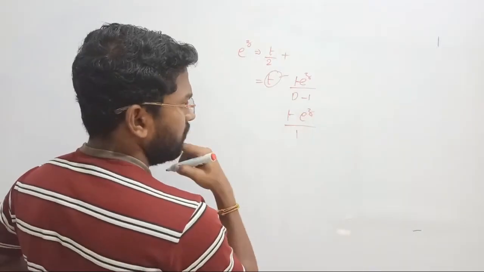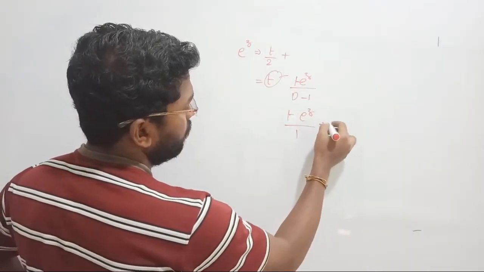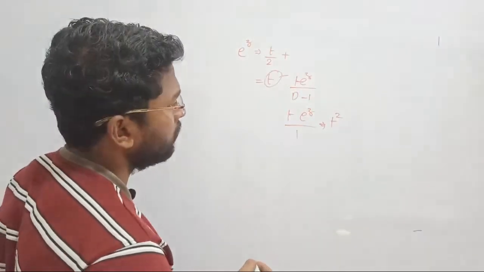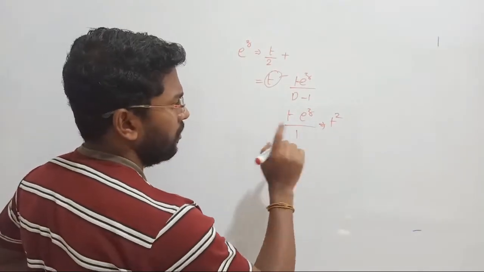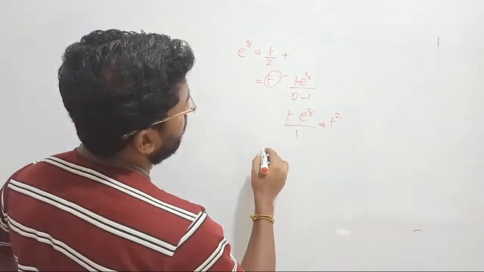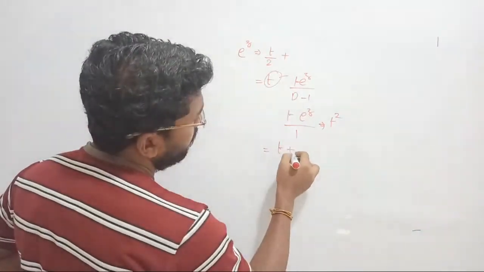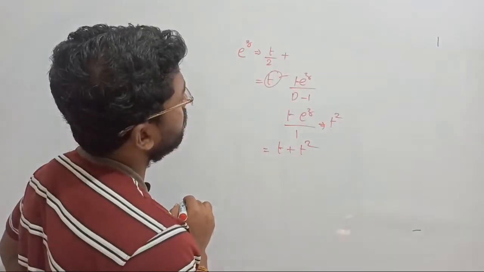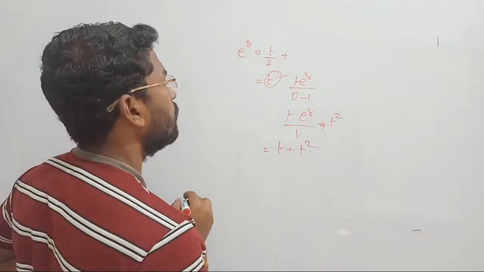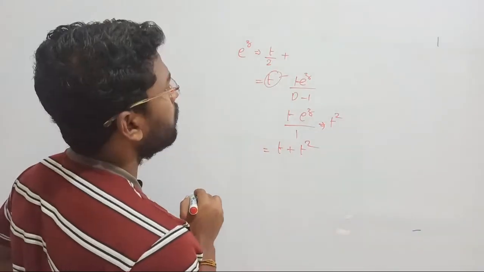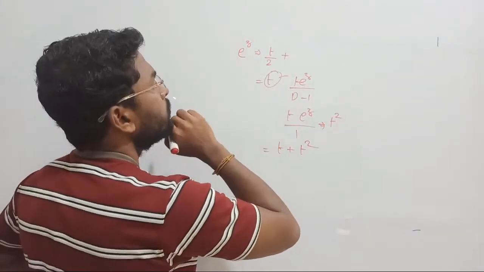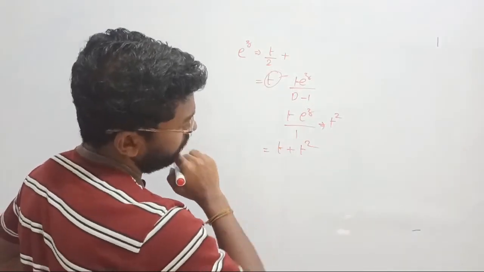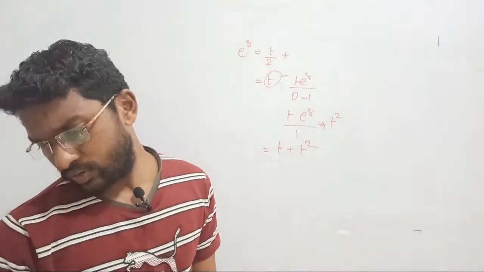One time differentiation will give you 1, then I will do this one, then that will become t square, because ln t is t, that is t square. If I group them together, it will become t square only. Nowhere are we getting it, then how are we getting this? t plus t square also is not there.